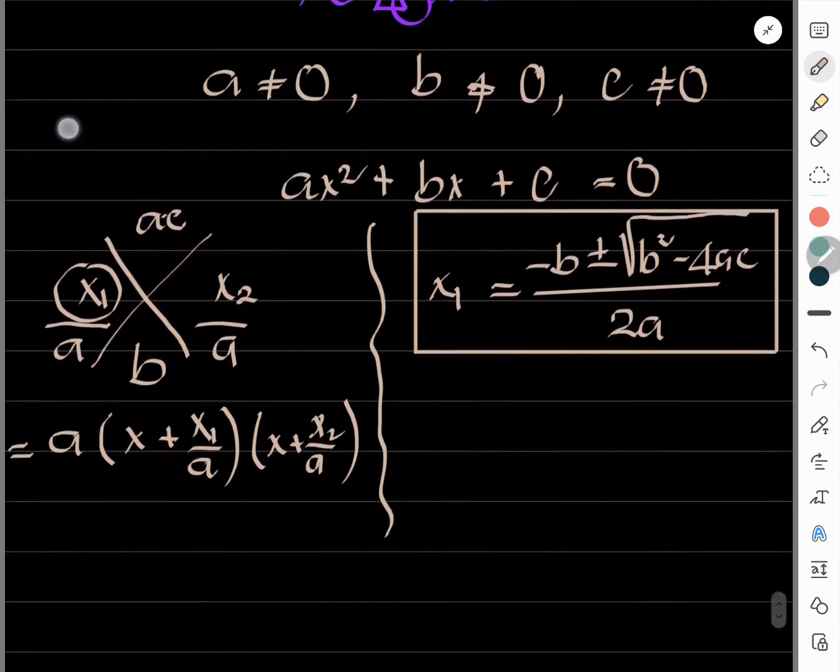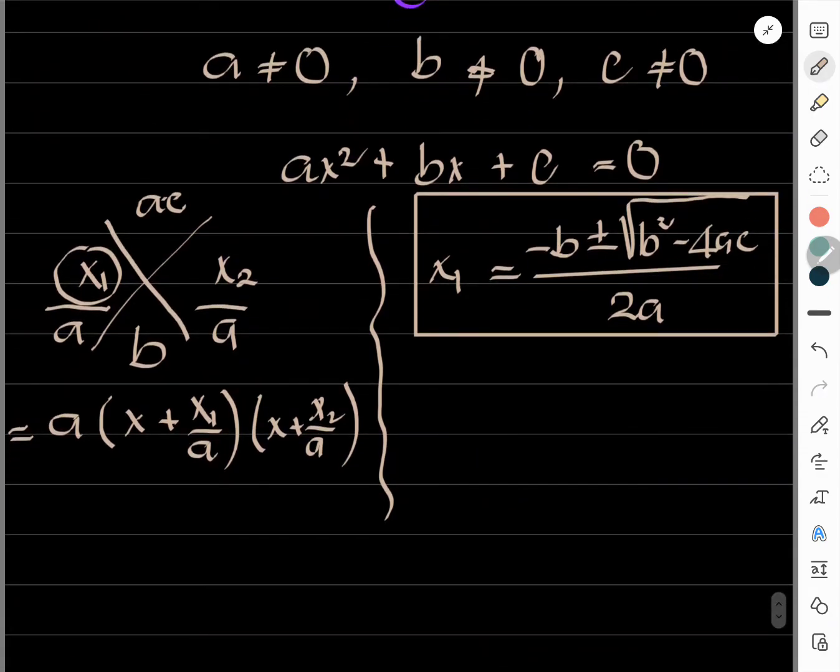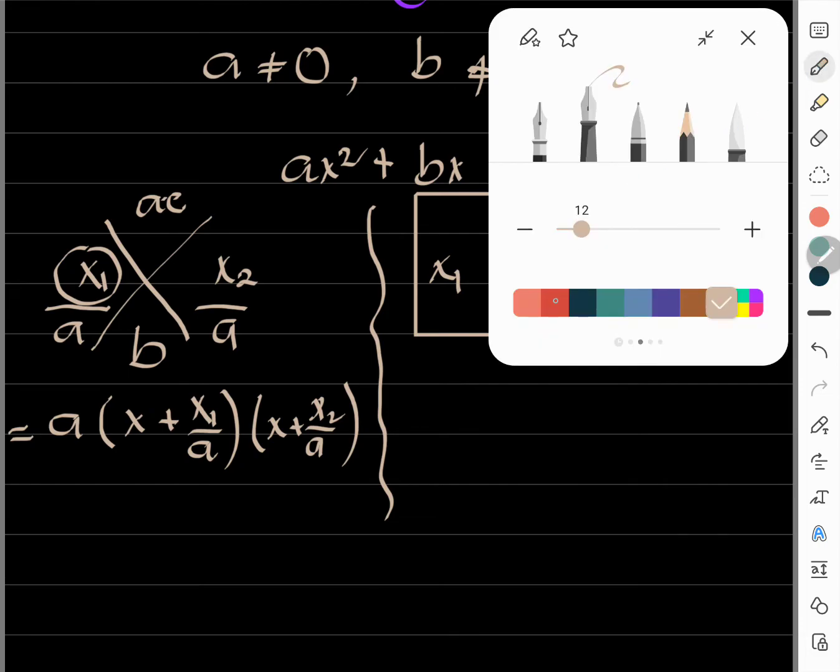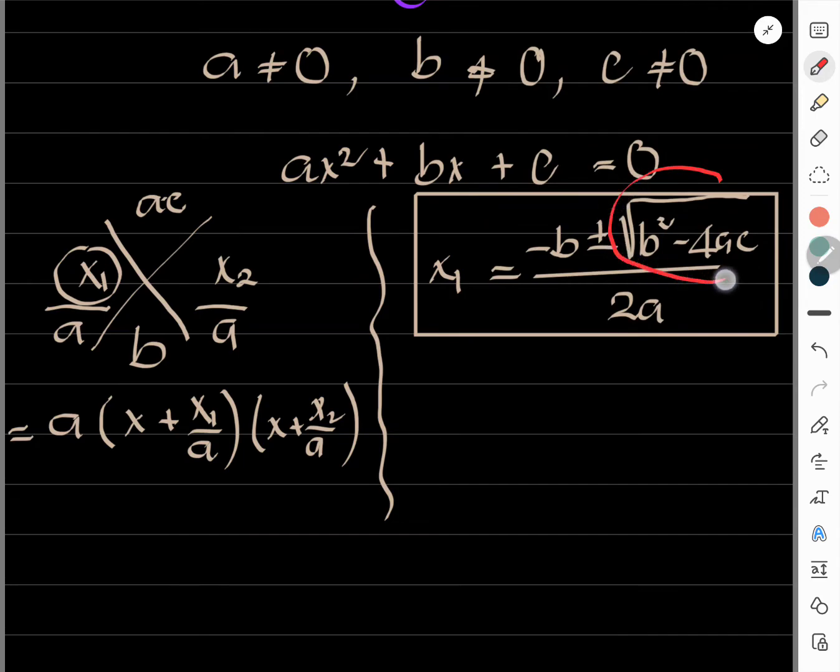Now let's talk about this. In this case, we have three cases. Let's talk about this term right here, b squared minus 4ac.